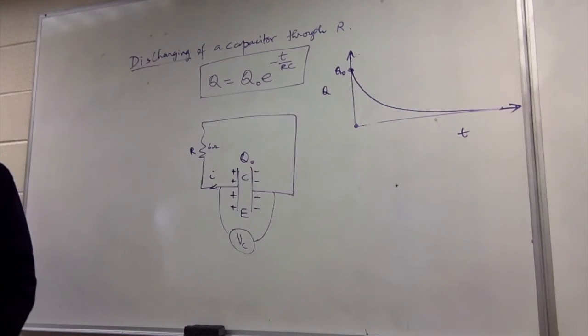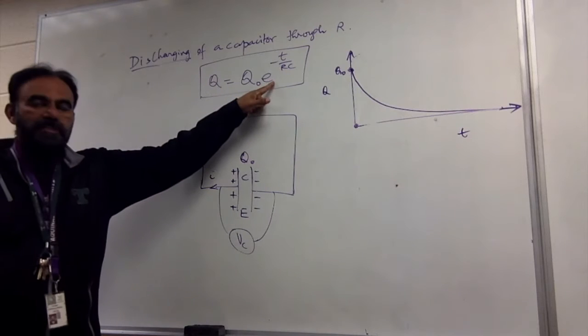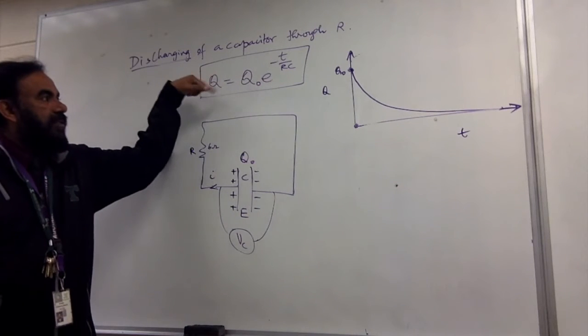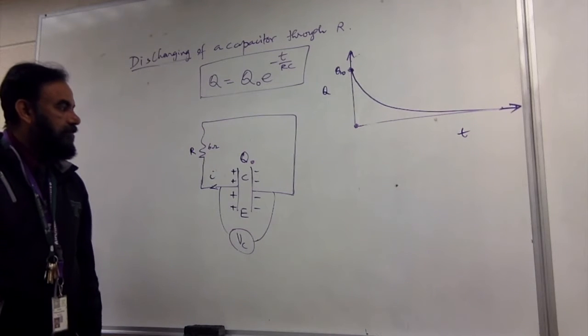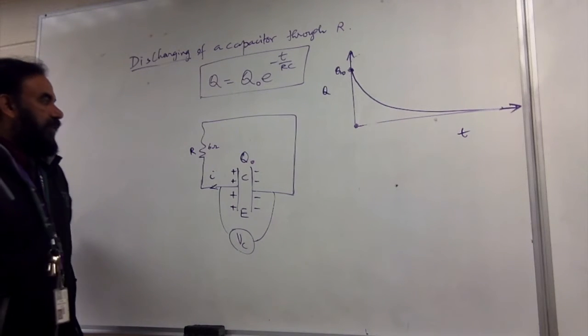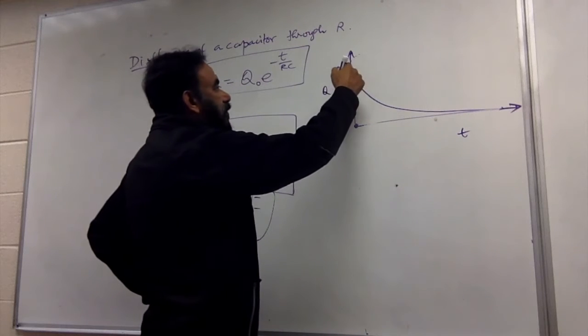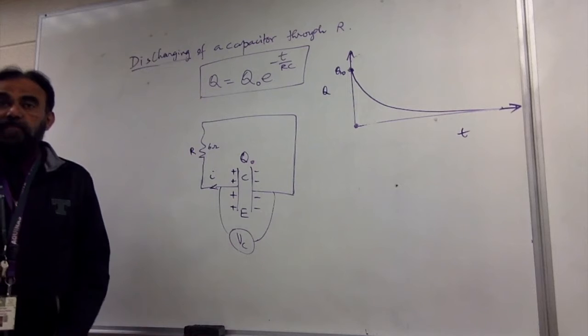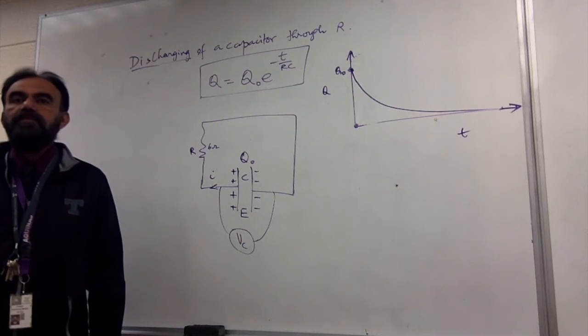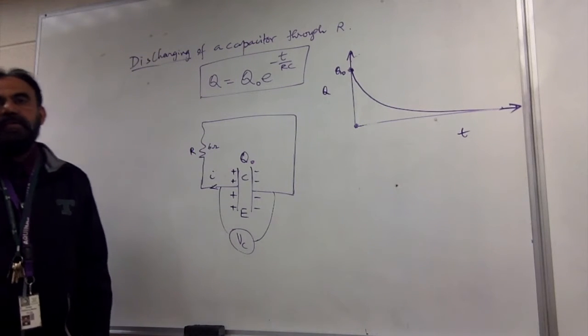So the charge falls exponentially according to this equation. Obviously the initial charge was what this had, and the final charge which will remain on the capacitor is going to be 0. Is that clear, Carl?